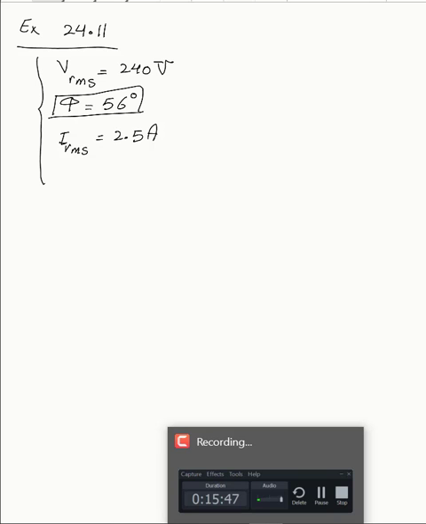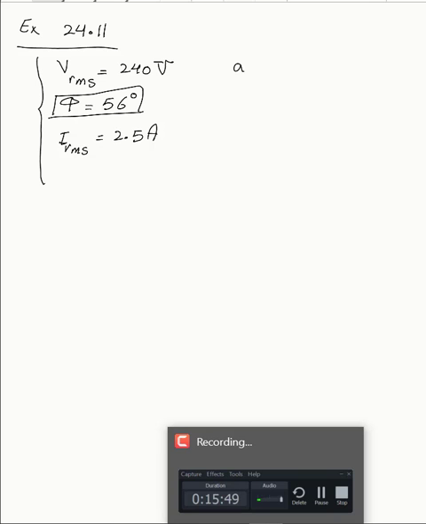The RMS voltage in the circuit lags behind the RMS current by 56 degrees, and the RMS current is 2.5 amps. So again, as usual, I'm writing down the knowns of the problem. Because the problem says that the RMS voltage lags behind the RMS current by 56 degrees, I know it's talking about the phase angle here.